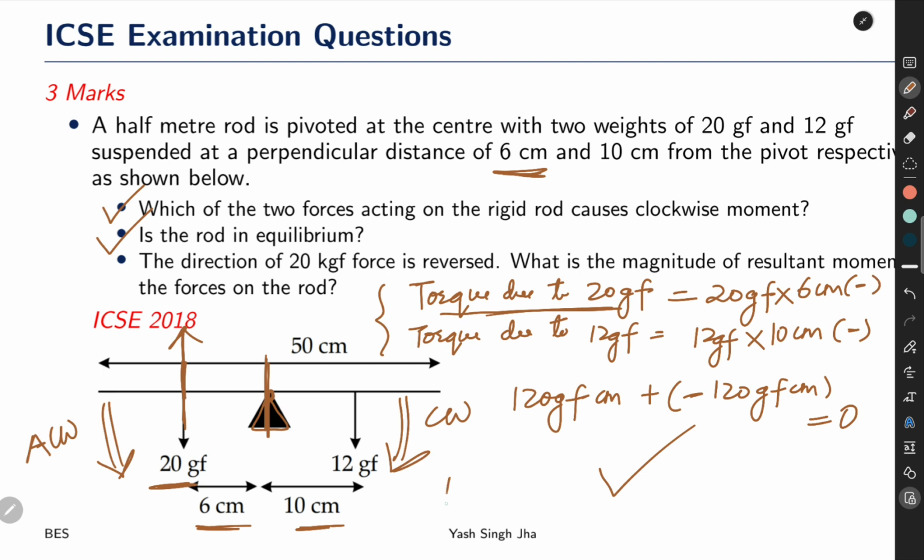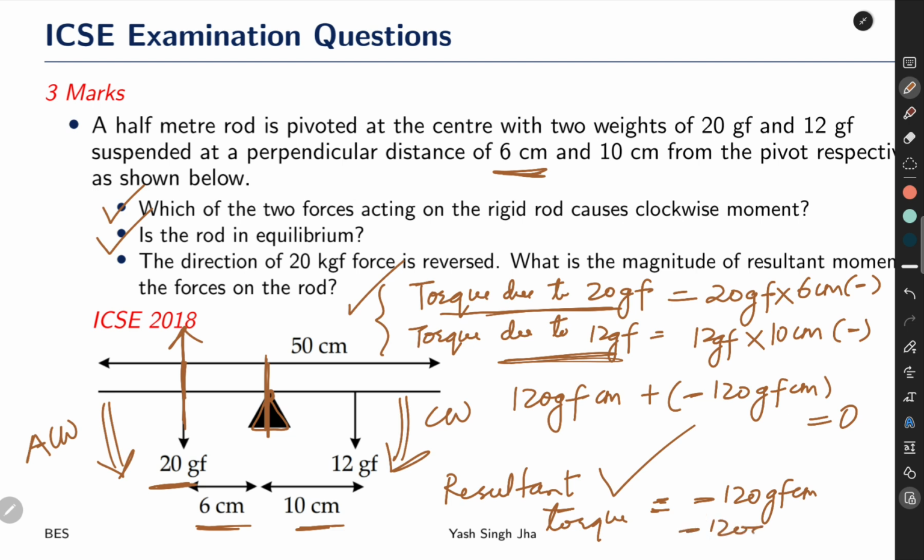So the resultant torque in that case would be torque due to 20 gf upwards, which is clockwise, so negative 120 gf centimeter, plus torque due to 12 gf, which is also clockwise, so minus 120 gf centimeter. So minus 240 gf centimeter.